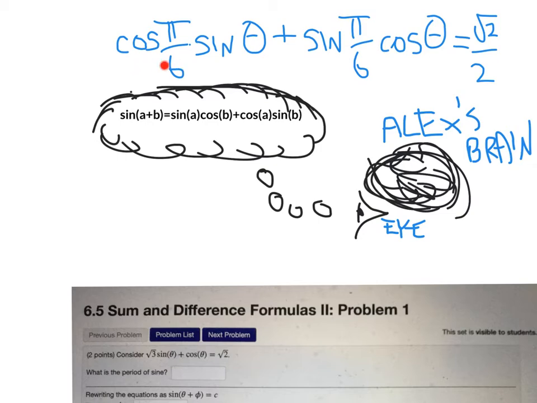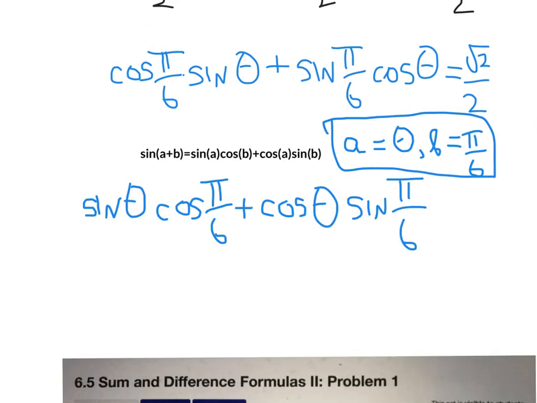This right here is like this equation. Connecting the pieces, with A equals theta and B equals pi over 6, you can use the addition formula to realize that this blue here is the same as this blue up here.